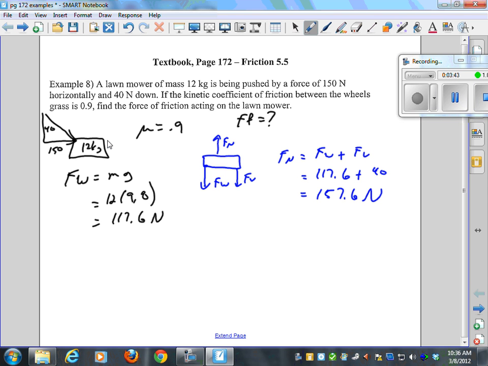And I think in the real world, the answer to that is yes. However, this textbook, being a little bit off here, has actually, that's not true. Because if I go mu equals FF over Fn, my 0.9 is my mu.